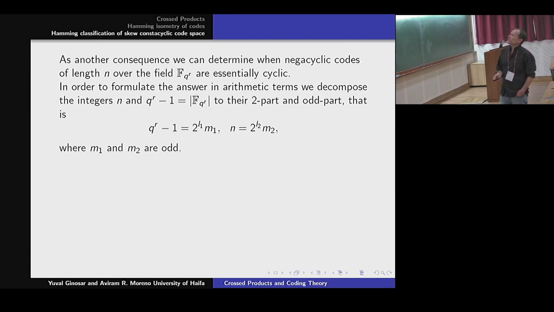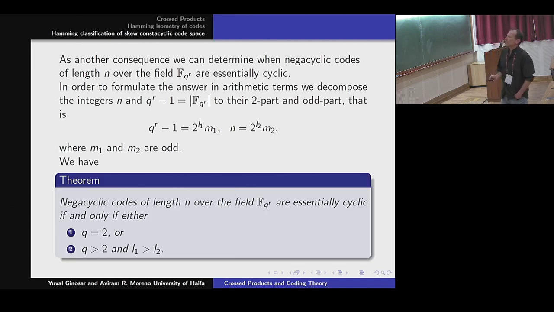In order to formulate an answer in arithmetic terms, we decompose the integers n and q to the r minus 1, which is the size of fq to the r star, into their two-part and odd part. That is, q to the r minus 1 is 2 to the L1 times M1, and n is 2 to the L2 times M2, where M1 and M2 are odd. So we decompose into the two-part and the odd part.